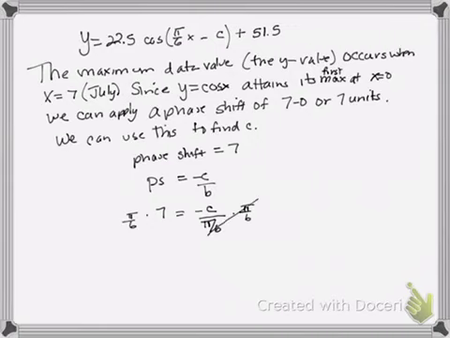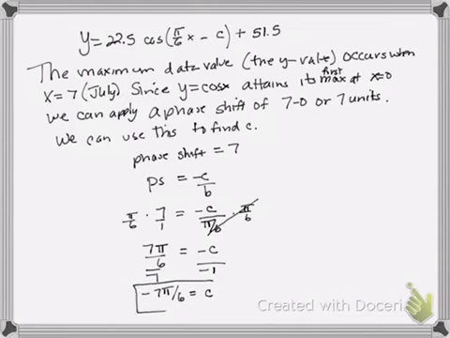The pi over 6 here cancel, I'm left with negative c, and then pi over 6 times 7 over 1 gives me 7 pi over 6. We're going to divide this by negative 1, so negative 7 pi over 6 is equal to c. So that's my c value.